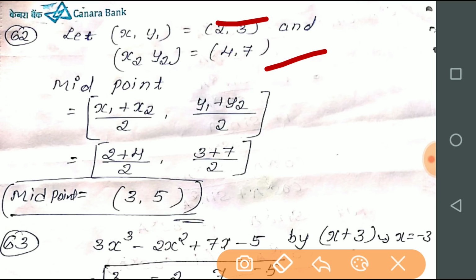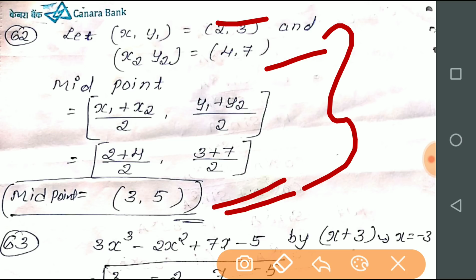Now we have the midpoint formula: x1 plus x2 by 2, y1 plus y2 by 2. x1 value is 2, x2 is 4, therefore 2 plus 4 by 2, comma 3 plus 7 by 2. Then simplify, we get the midpoint as (3, 5). So this is the required answer.